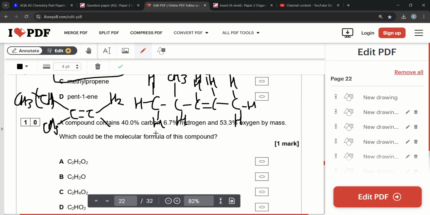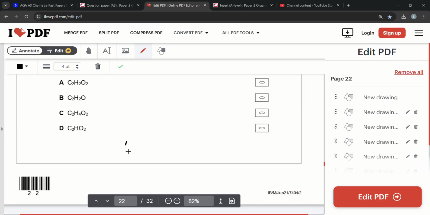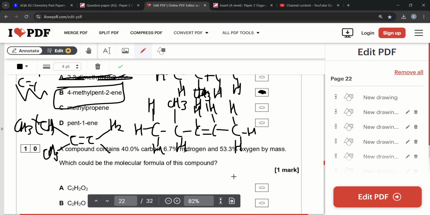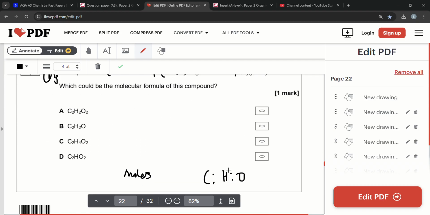A compound contains 40% carbon, 6.7% hydrogen, 53.3% oxygen, and we need the molecular formula. So we need to find the moles of carbon, hydrogen and oxygen. I'm just going to use my calculator. Carbon is 40 divided by 12, 3.333.